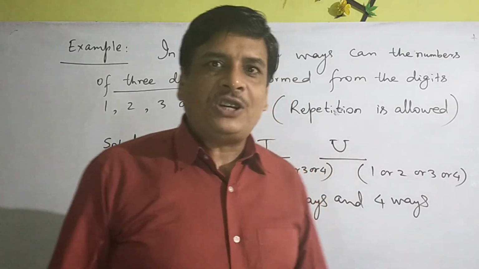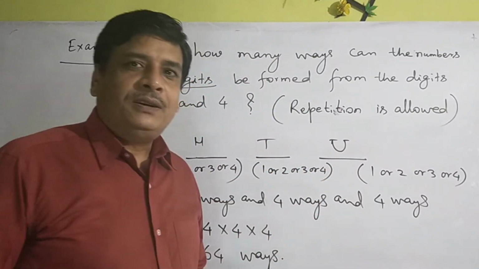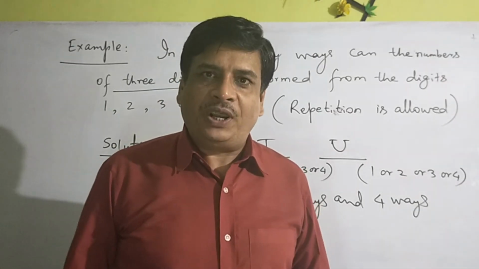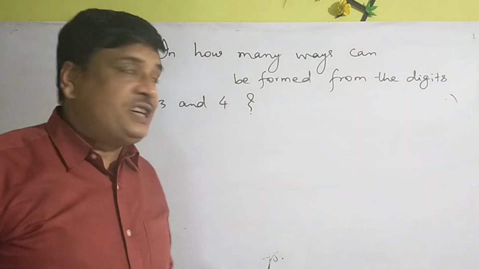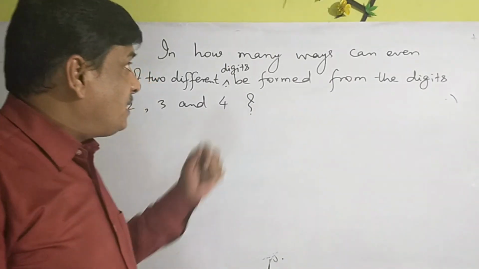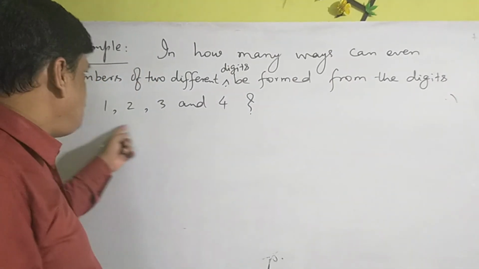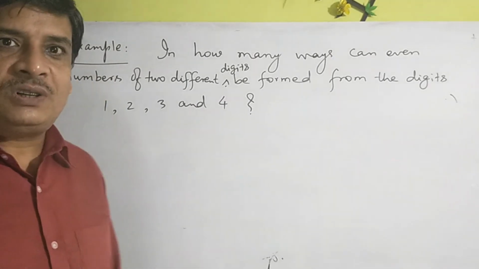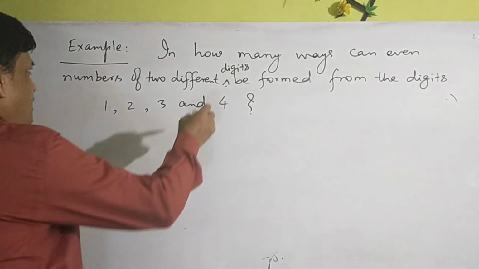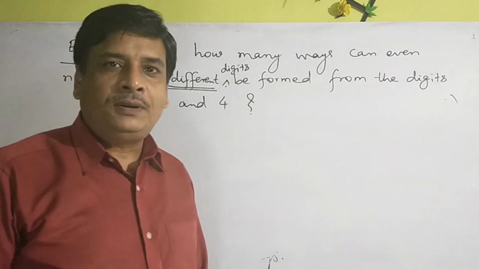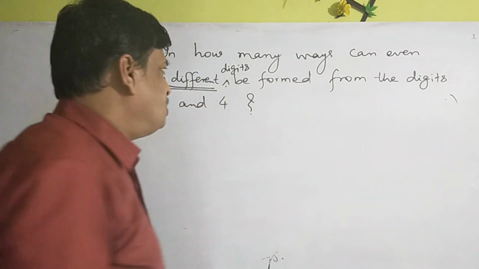So for solving such questions, we will apply the addition principle of counting and also the multiplication principle of counting. Let us take another example. In how many ways can even numbers of 2 different digits be formed from the digits 1, 2, 3 and 4? As the question has the condition of 2 different digits, repetition is not allowed.